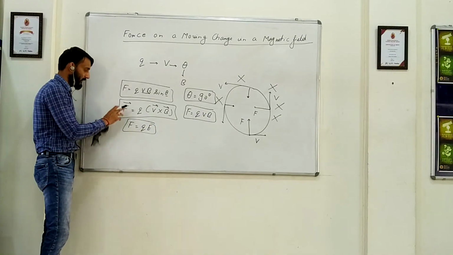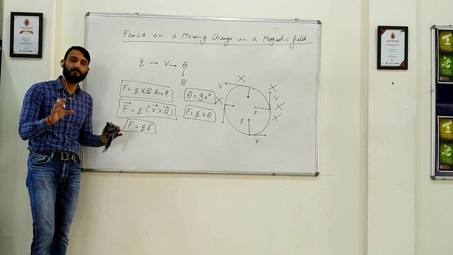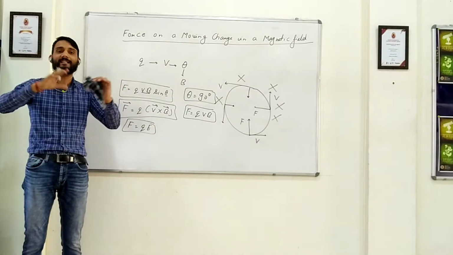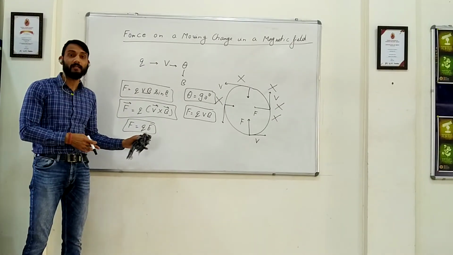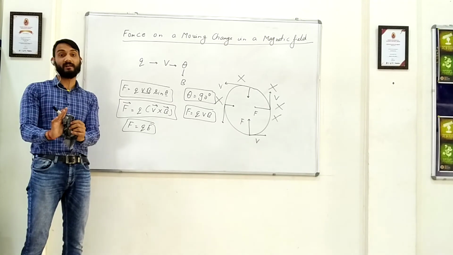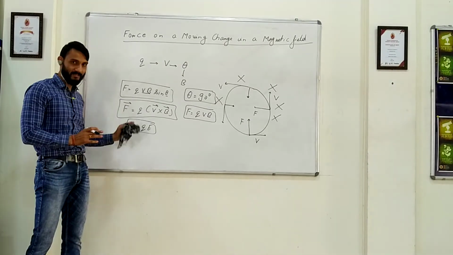So applying that condition, the magnetic force tries to move a charged particle in a circular path, whereas electric force tries to accelerate the charged particle, right? That should be very clear in your mind.